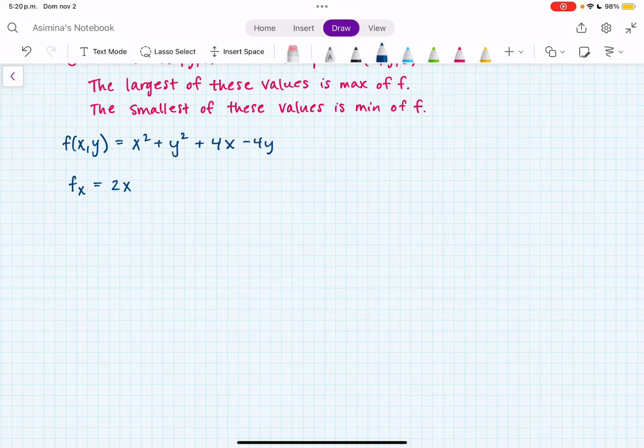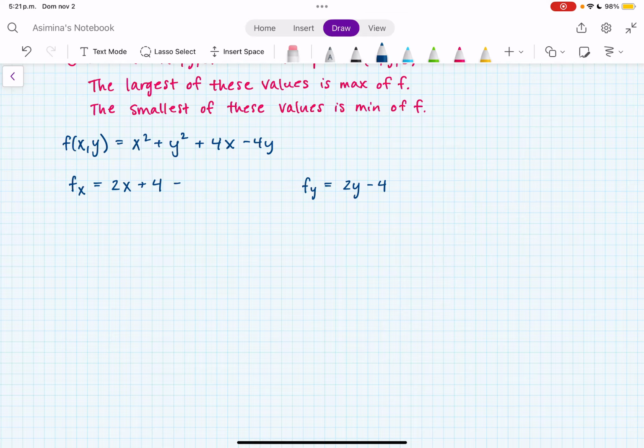Then y squared we treat as a constant, so that's 0, plus the derivative of 4x, which is just 4. And then we are subtracting 4y, which has no x, so we treat it as a constant. Now we also want the derivative with respect to y. The derivative of x squared is 0, y squared is 2y, 4x is 0, and minus 4y is minus 4.